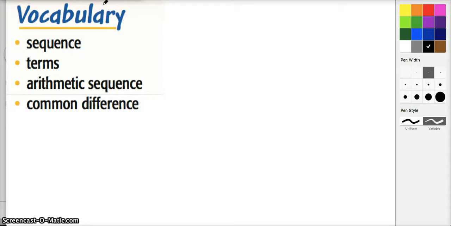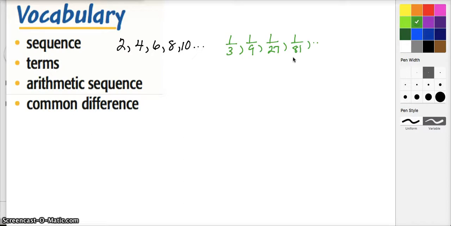A sequence is basically just a list of numbers in some kind of pattern or order. For instance, this is a sequence of numbers: 2, 4, 6, 8, 10, or here's another sequence.